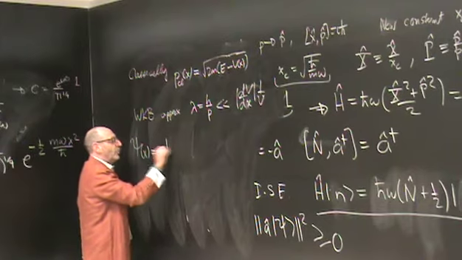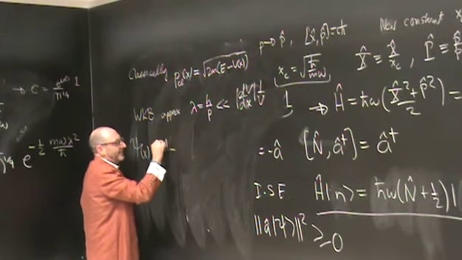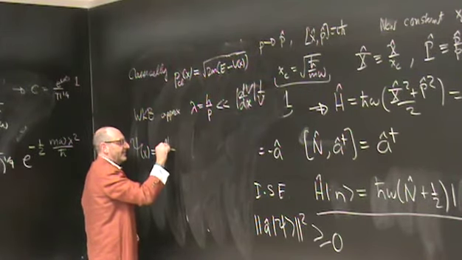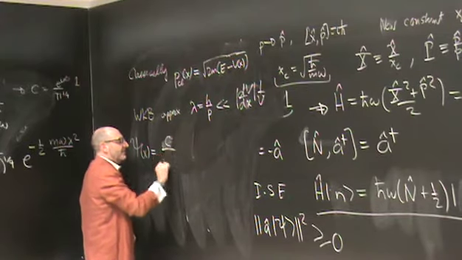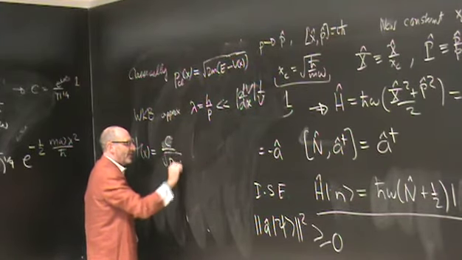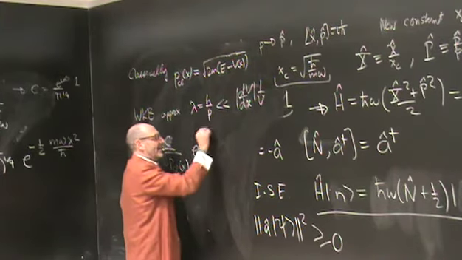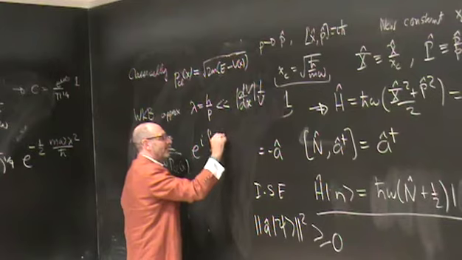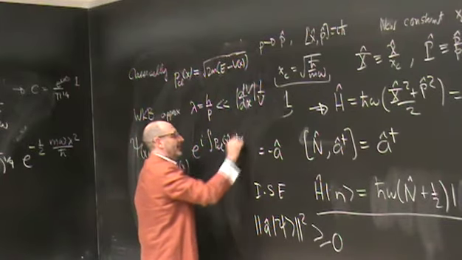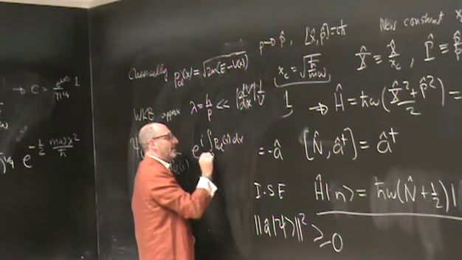That this is equal to 1 over some normalization constant, divided by the square root of the classical momentum, e to the i times the integral of the classical momentum. Remember this?